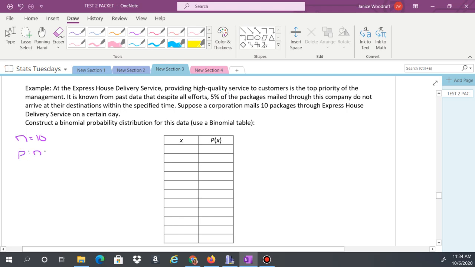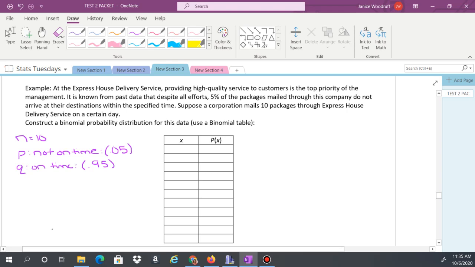So p is not on time, which has a probability of 0.05. q is then going to be on time. What's the probability for on time? Yeah, 0.95. So 5% are not, but 95% are on time.